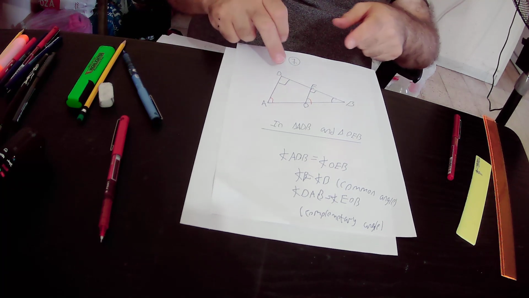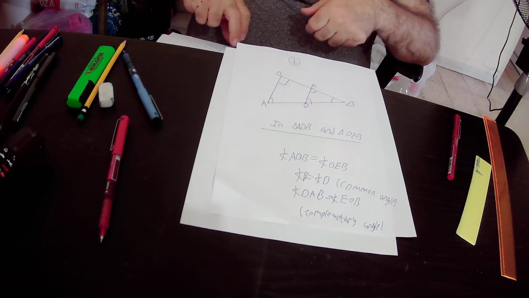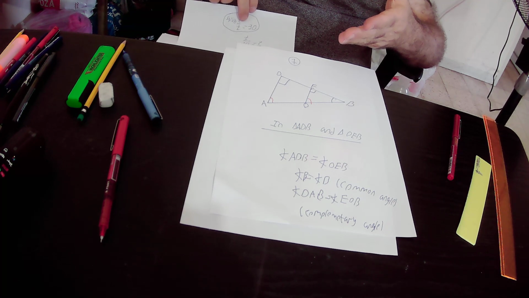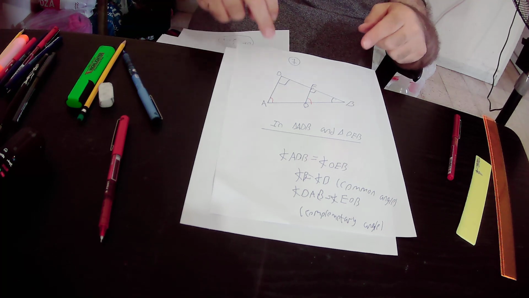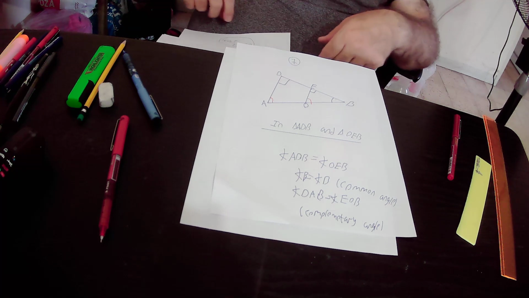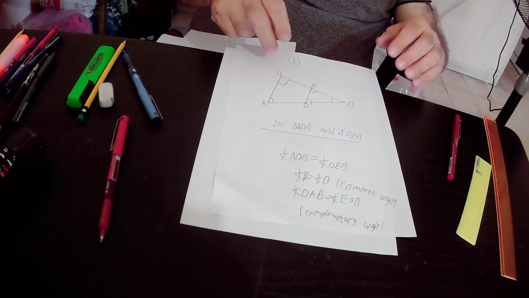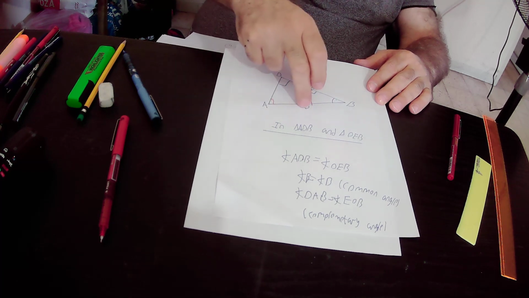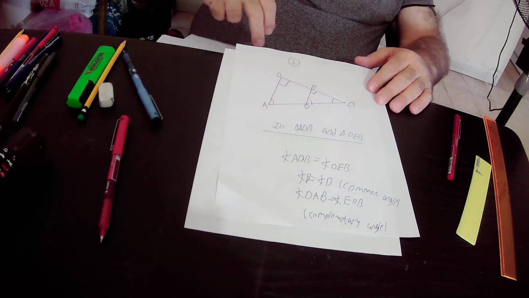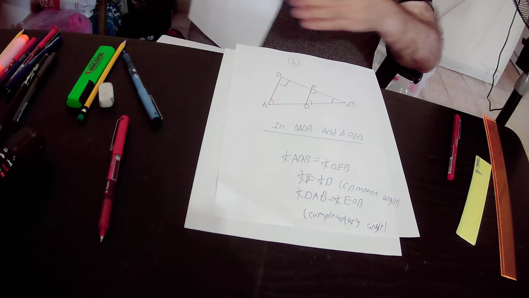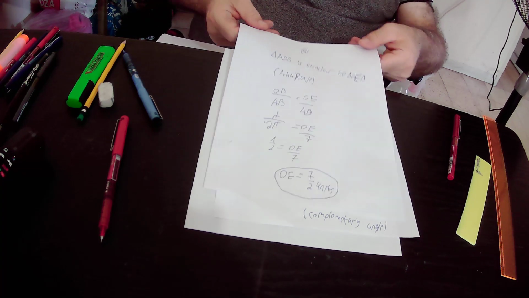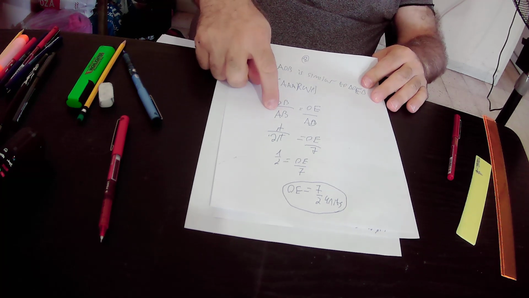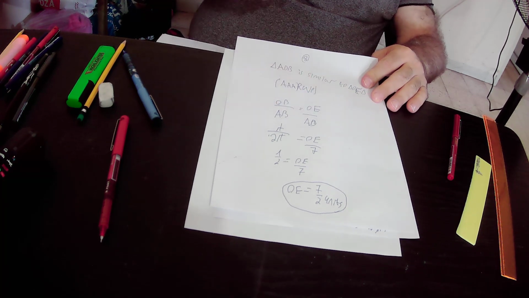From the similarity between these 2 triangles, we can deduce that the following relationship is true: OB over AB equals OE over AD.